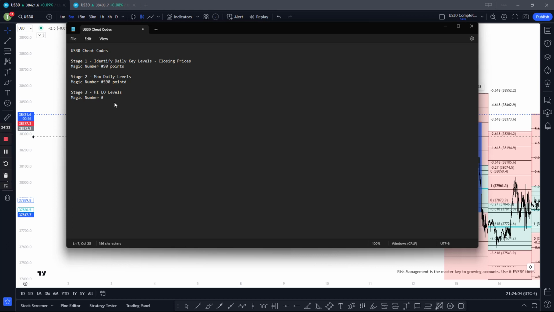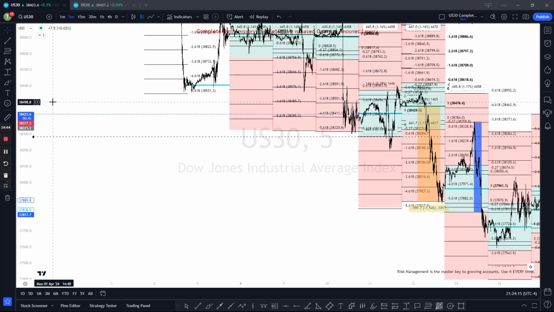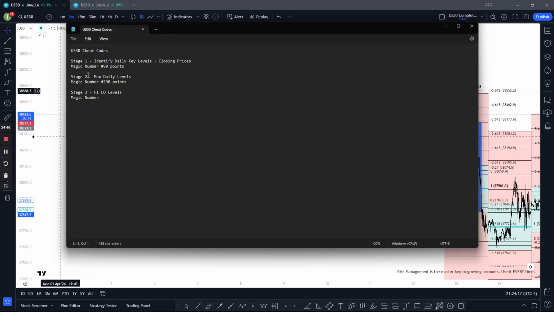All right. Anyway, 90 points, key daily levels from previous daily close. Max daily levels, 590 points from previous daily close.